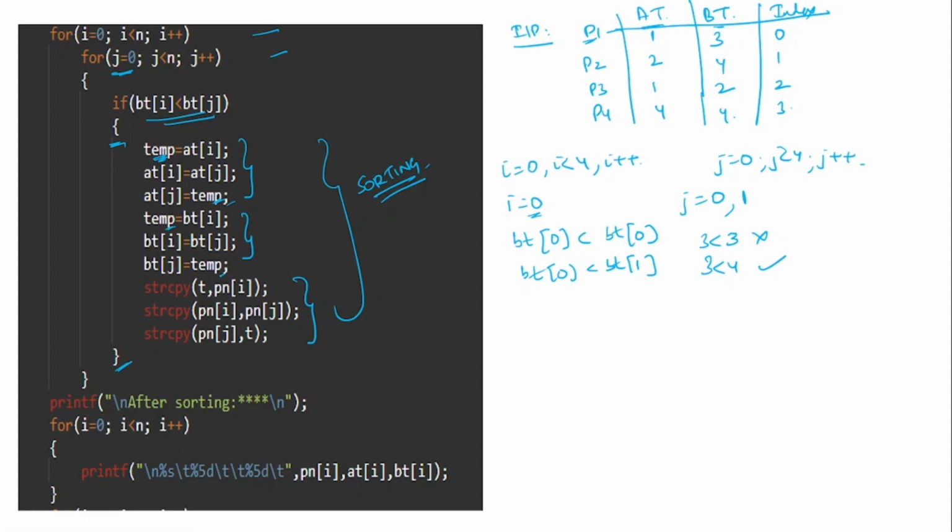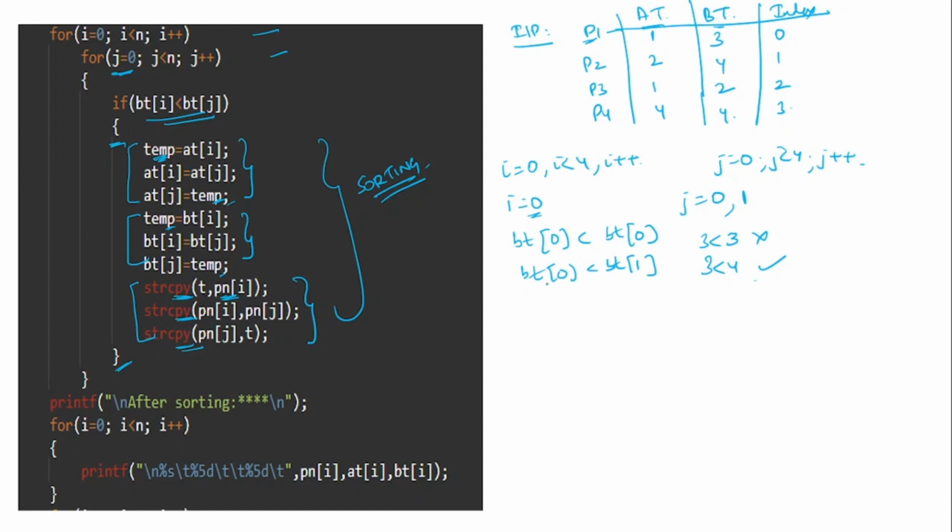Any sorting algorithm that you apply, the normal swapping is there. And since the process ID here is a character, we use the strcpy function for its swapping. So we need to swap it using this particular function. These three swap the process ID, these three swap the burst time and these three swap the arrival time.